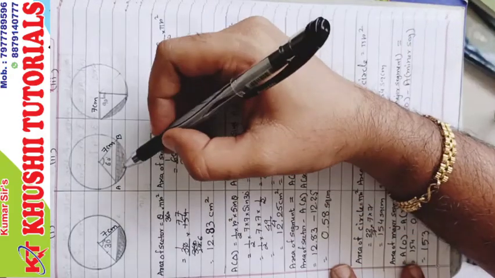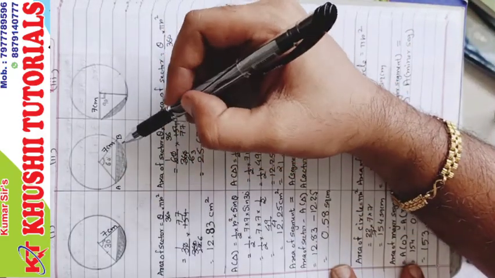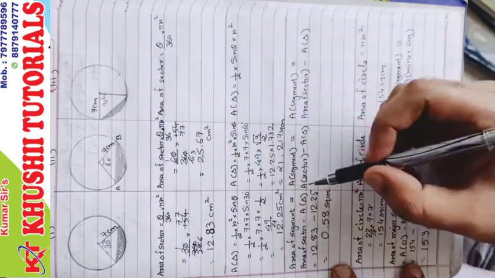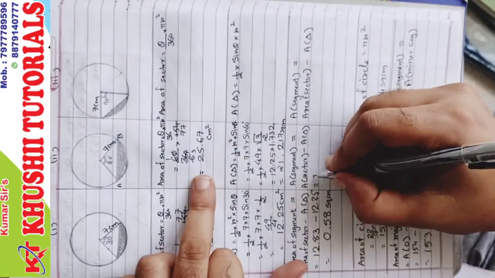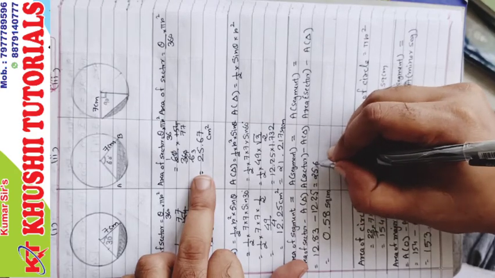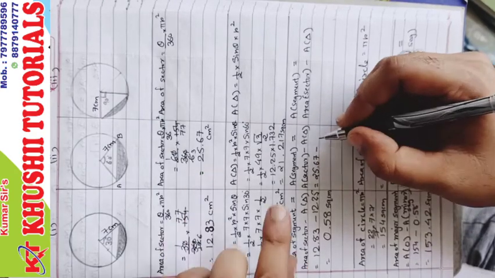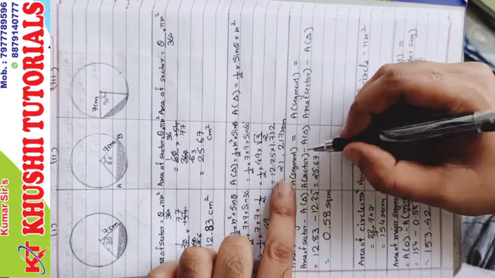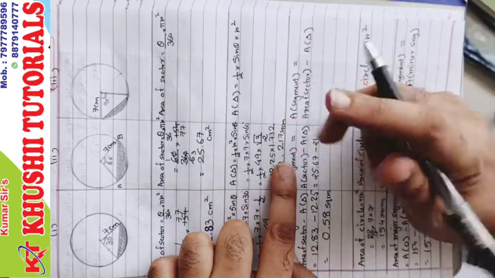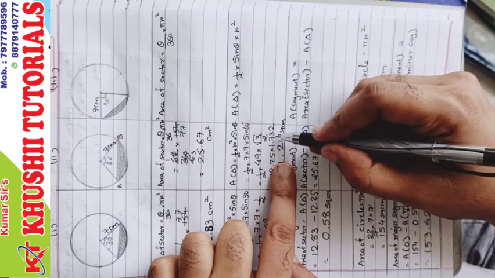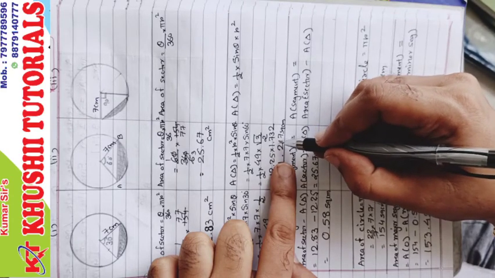Now area of segment. What is area of segment? Area of sector minus area of triangle. So area of sector is 25.67 minus area of triangle is 21.217. We will write only till 2 digits. So 7 will come, right, now 1 will be added to the previous number, it will become 2.